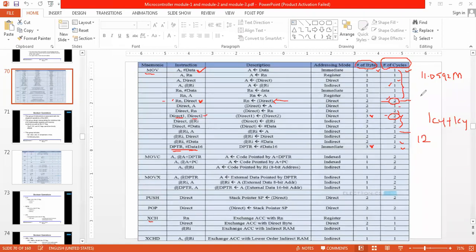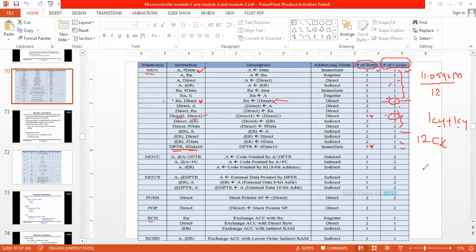So say 1 machine cycle is 12 clock cycles, then 1 plus 1, 2 machine cycles, is going to be 24 clock cycles.